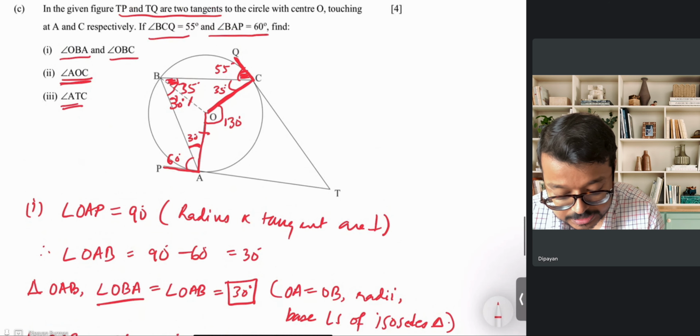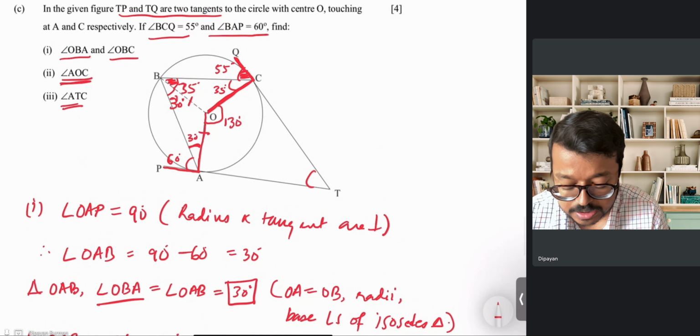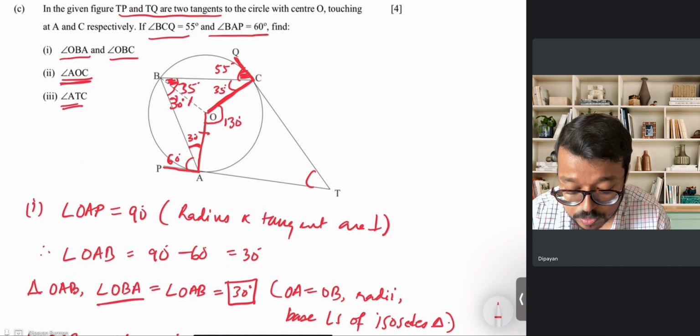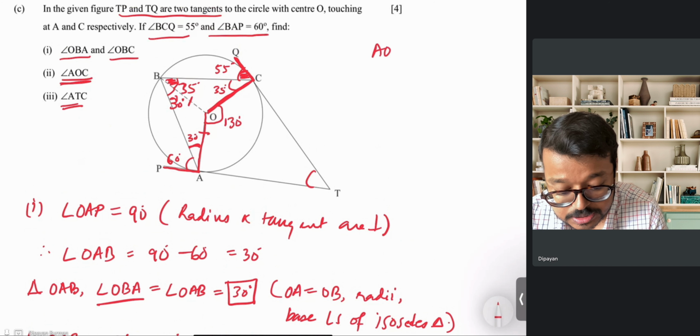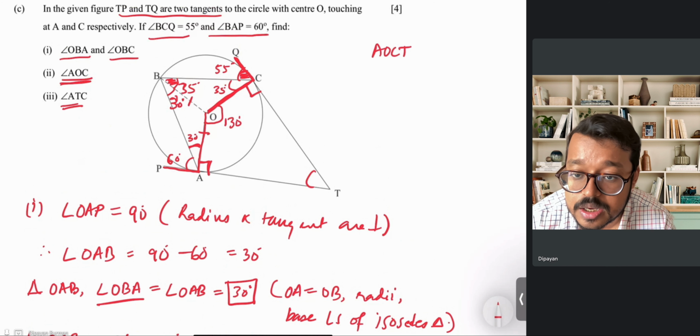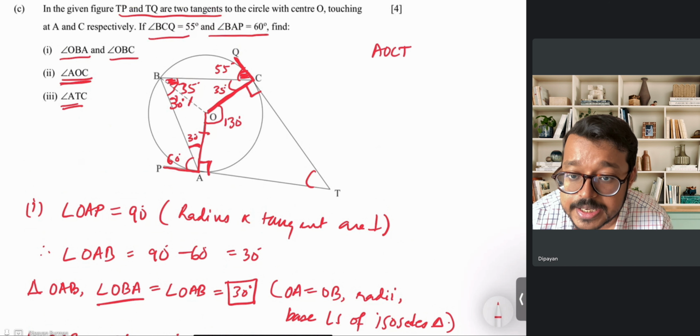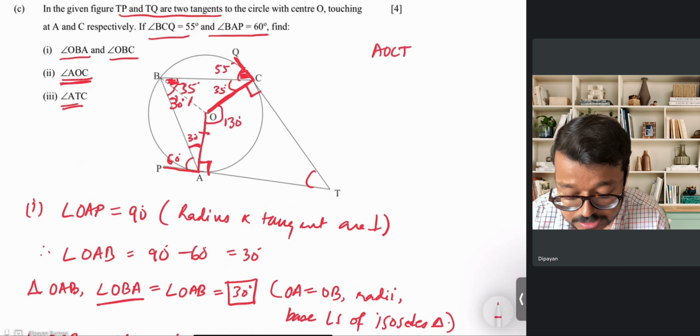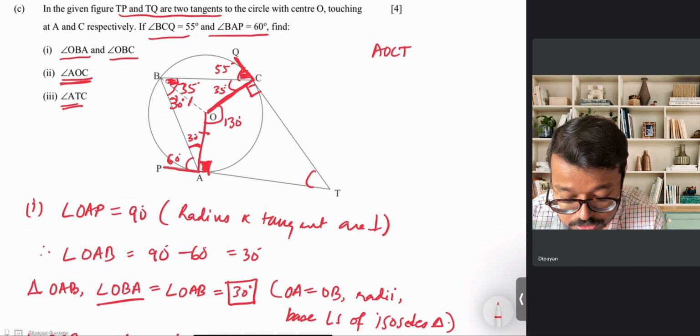Then to find angle ATC, I can look at quadrilateral AOCT. So in AOCT, I have two 90 degree angles. The reason is OA, OC are radius and AT and CT are tangent. So they will be perpendicular. So I have two 90 degrees, I have a 130 degree.